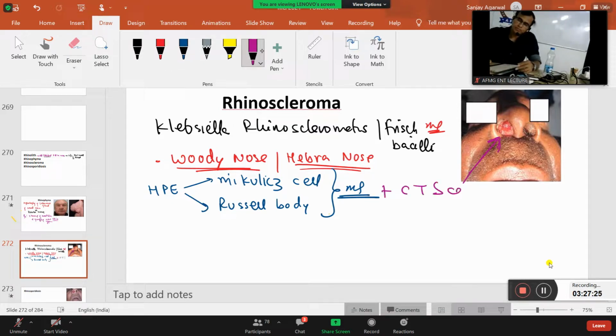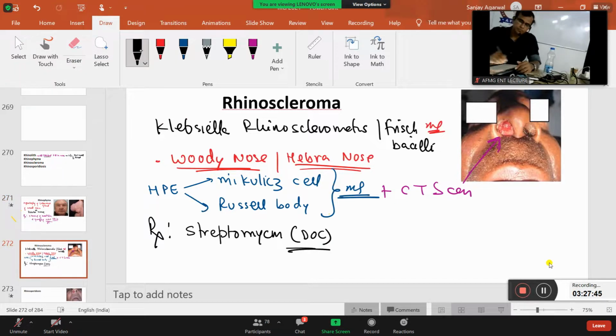Plus, you have to do a CT scan also, because you want to see the extension of the disease, how far it has spread. Treatment: you have to give streptomycin. This is the drug of choice. Again, this is an MCQ. Drug of choice is an MCQ here, plus cautery.